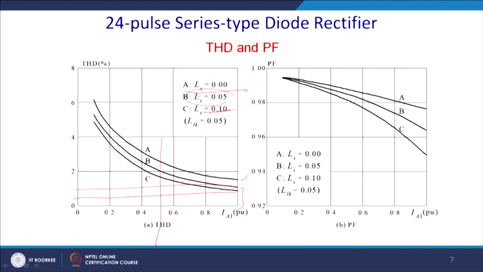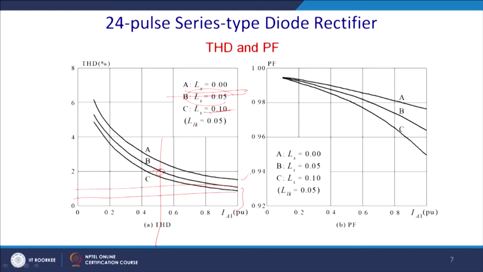Consider this is a typical curve, B, with 5% source inductance and half load. You can see that this is curve B, and it is crossing this point, 2% THD.